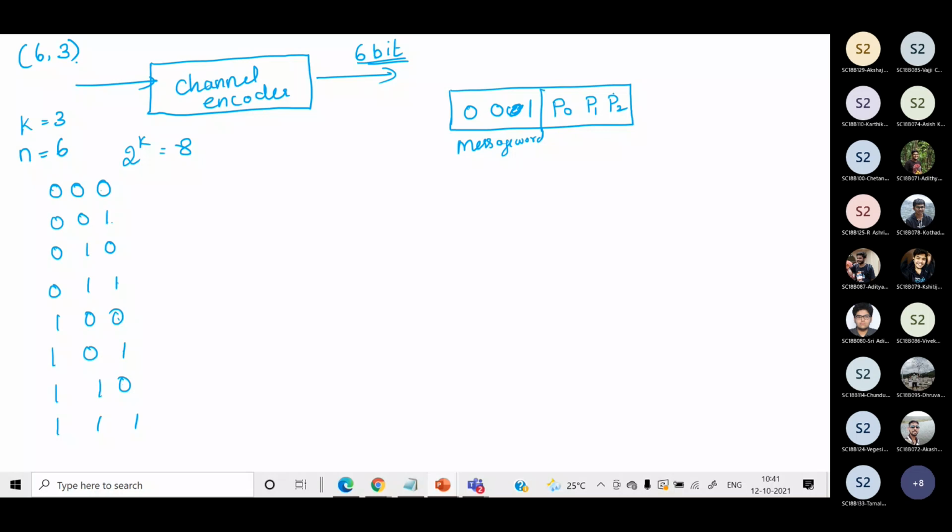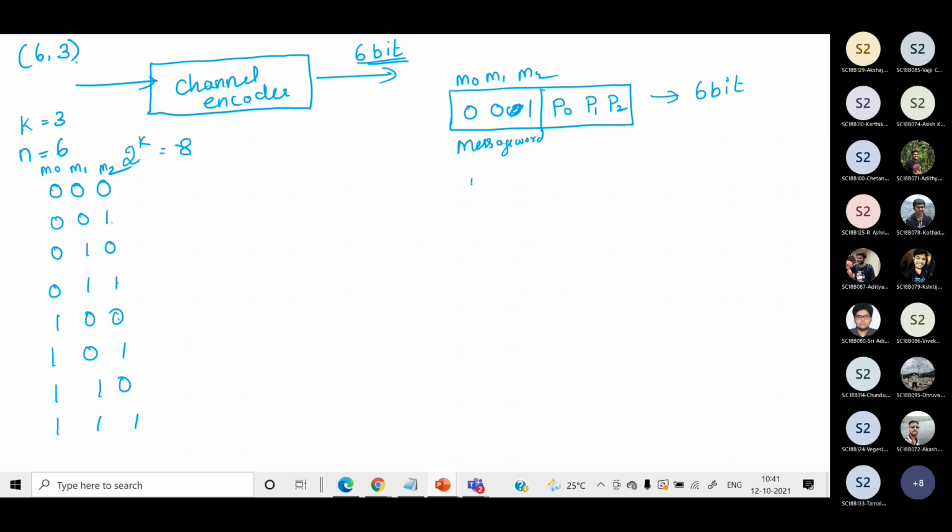Then the total length of this code word will be 6 bits. In general, the message bits are M0, M1, M2. I have to add a 3-bit parity so that the final length is 6 bits.